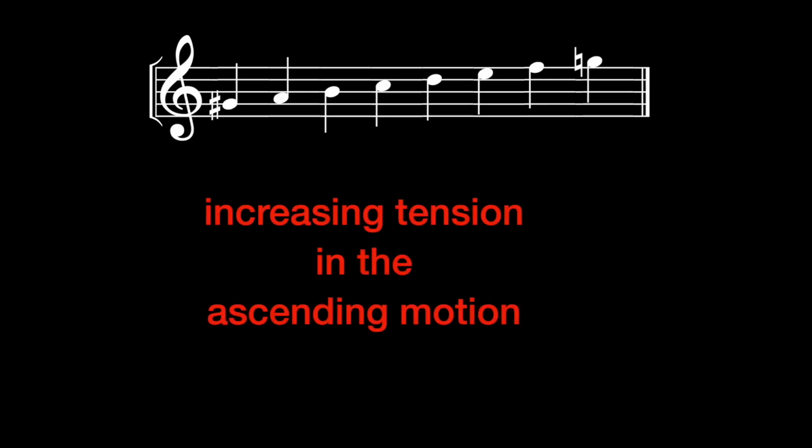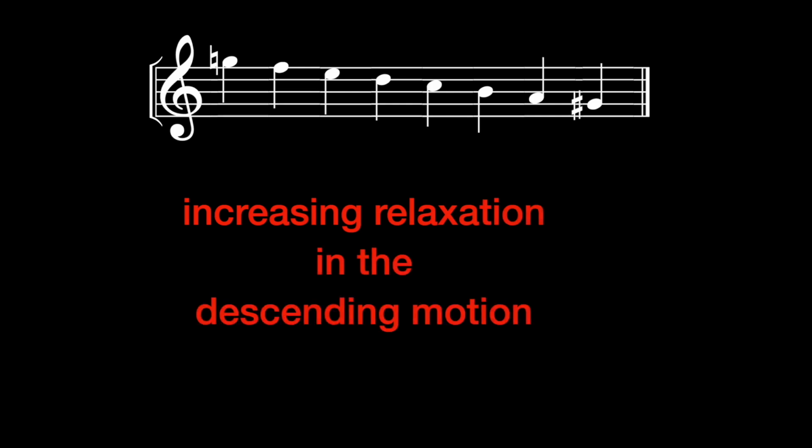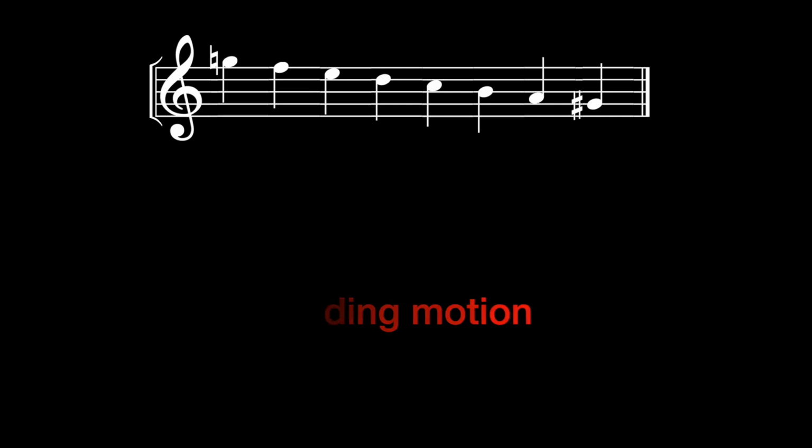But this tension is moderated by placing G and G sharp into different registers and never using them at the same time. As a result, the music as though noticeably strains when ascending and relaxes when descending, much more so than in regular major or minor keys.